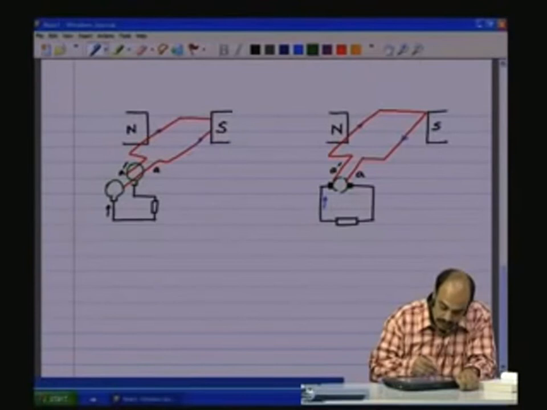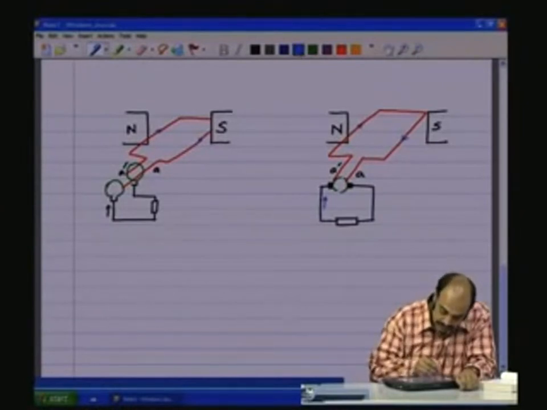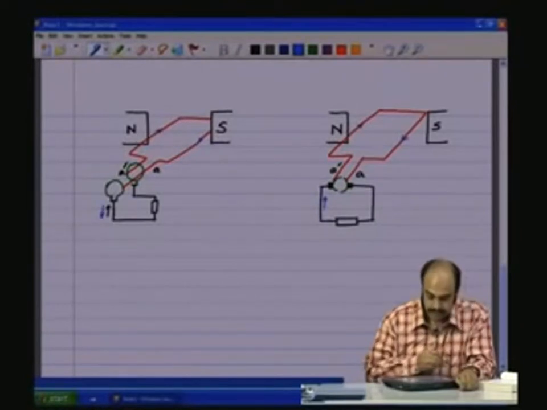So now on the position getting interchanged, A is at the south pole, like here. The direction of current in the brushes has reversed.